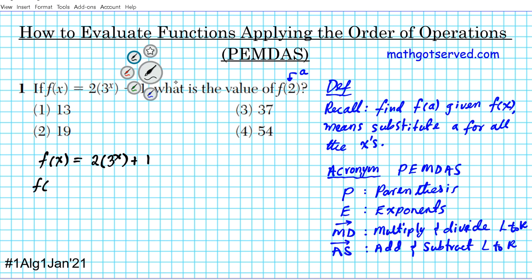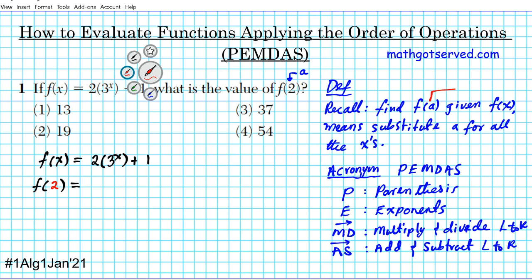Now, based on what we talked about earlier, if you're given f of x and you're asked to find f of 2, what does that mean? Okay, remember we talked about that earlier. If you're asked to find f of a given f of x, you're just going to take the a and substitute it for the x. Bam. Just like that.